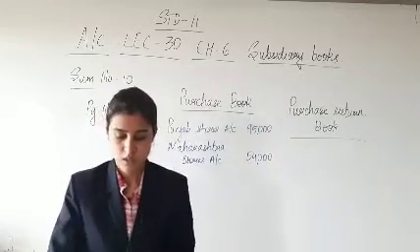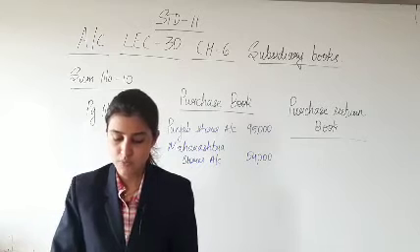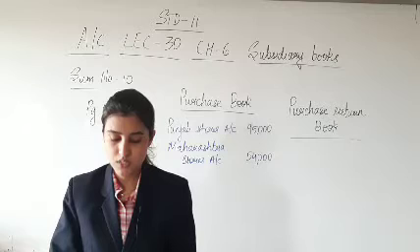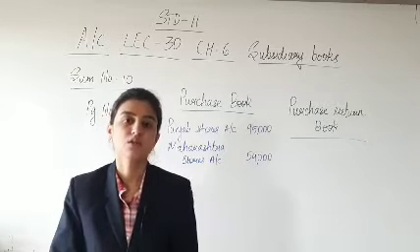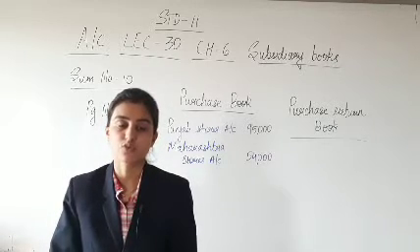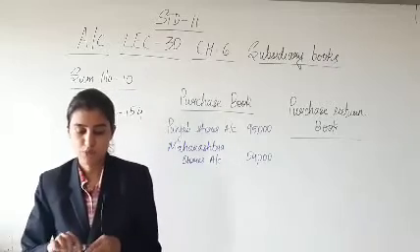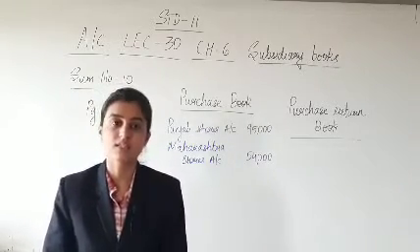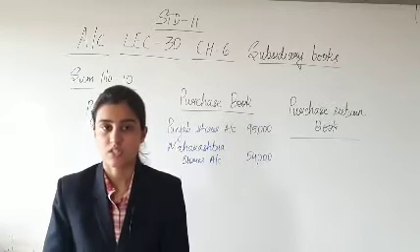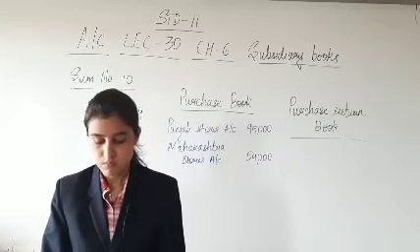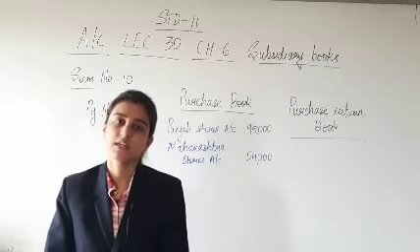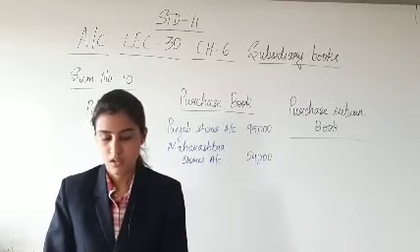Next, goods purchased of rupees 50,000 from Kerala stores on credit and 50% is paid immediately. Goods have been purchased from Kerala stores, yes, of rupees 50,000 and 50% amount is paid immediately. This is half credit, half cash, yes. So obviously the entire transaction will be treated as credit transaction.